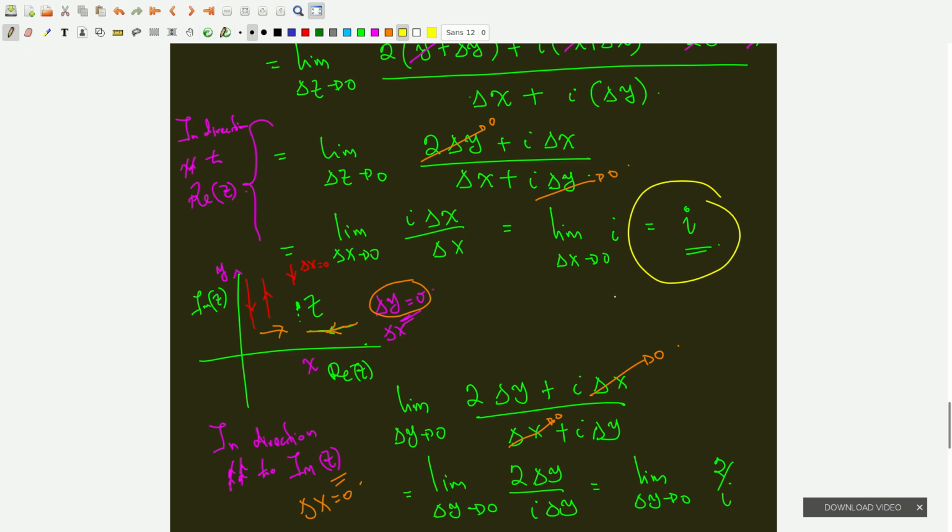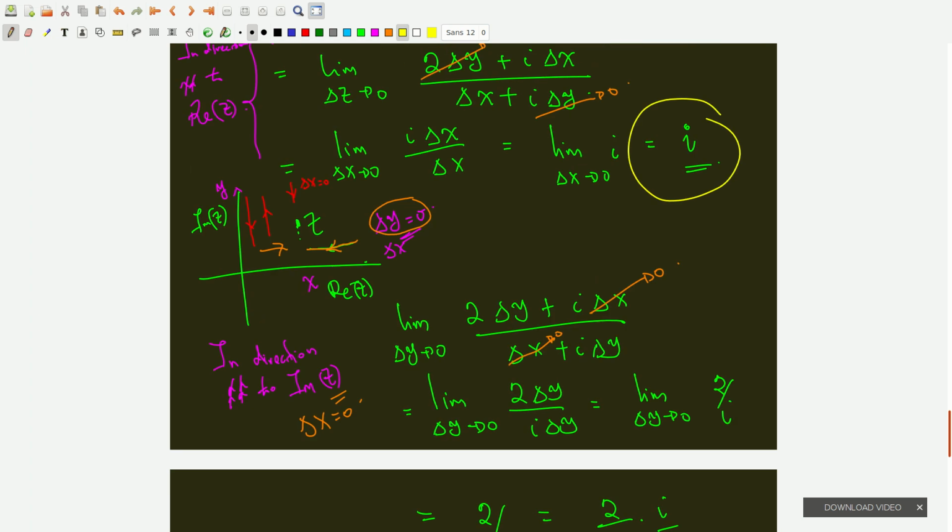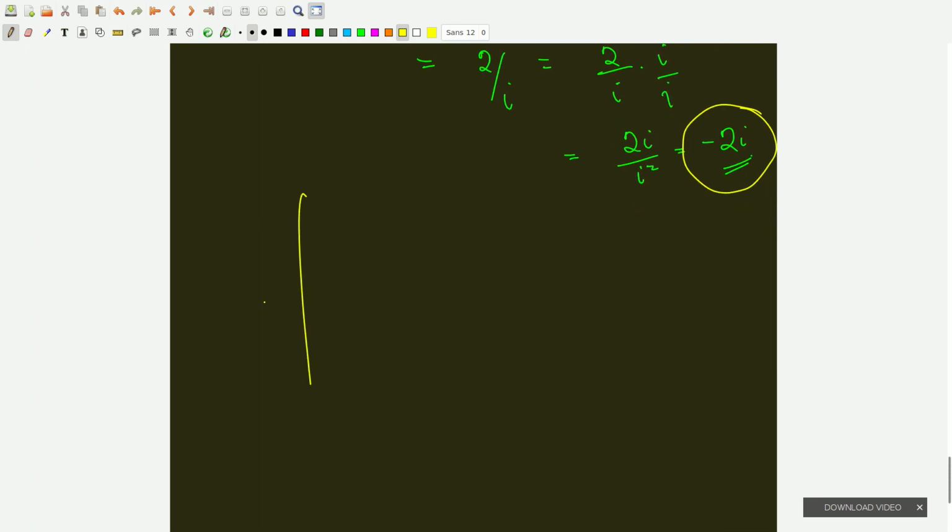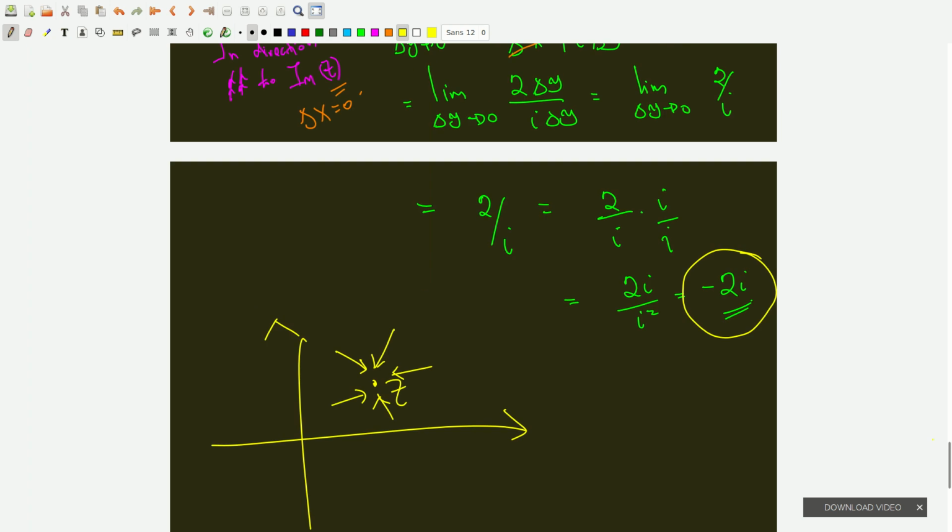The limits are different. Remember we said that if the limit exists, then it is unique and the same in all directions. Whatever direction we are approaching z from, the limit has to be the same. Here we have found that when we approach z in a direction parallel to the x-axis, we have a different limit from when we approach z in a direction parallel to the y-axis, or the imaginary part.